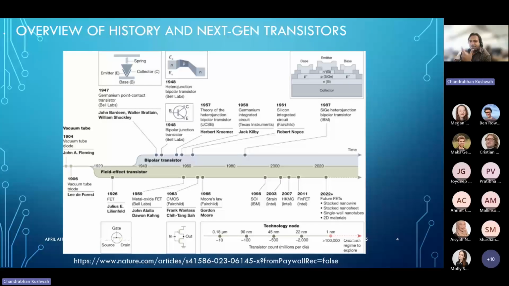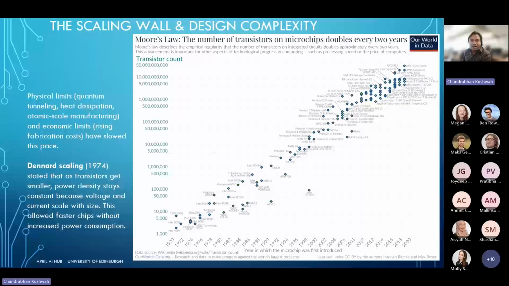So this was a very interesting journey from vacuum tube to BJT and the MOSFETs, and from the invention of the MOSFET, it has continued for the past 60 years and is still going on with different structures and optimization. So let's see how the transistor count shows that the transistor has been the main driver of our systems, especially computers and hardware.